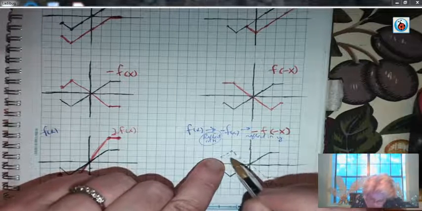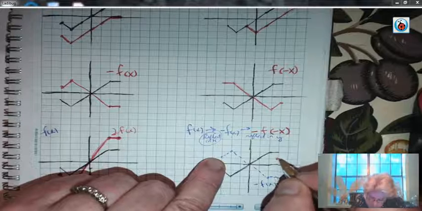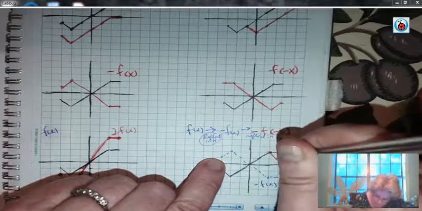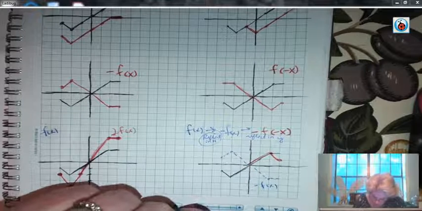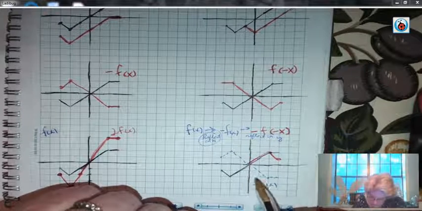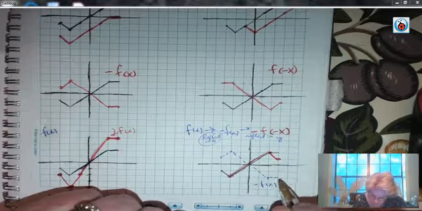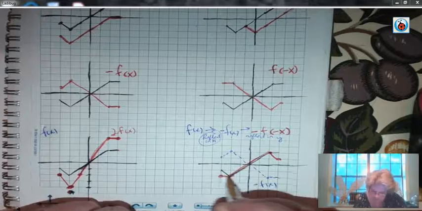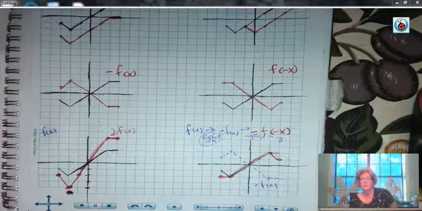So this is 1, 2, 3 to the left, and I'll need 1, 2, 3 to the right. This is 1, 2 to the left, I'll need 2 to the right. And then that. This is 1, 2 to the right, its reflection is 1, 2 to the left. And then this one is 3 to the right, its reflection will be 3 to the left. So to get from here to here, I had to do 2 transformations.